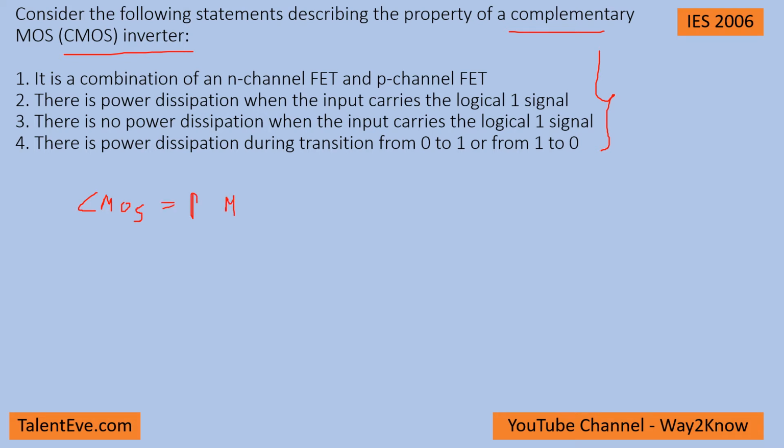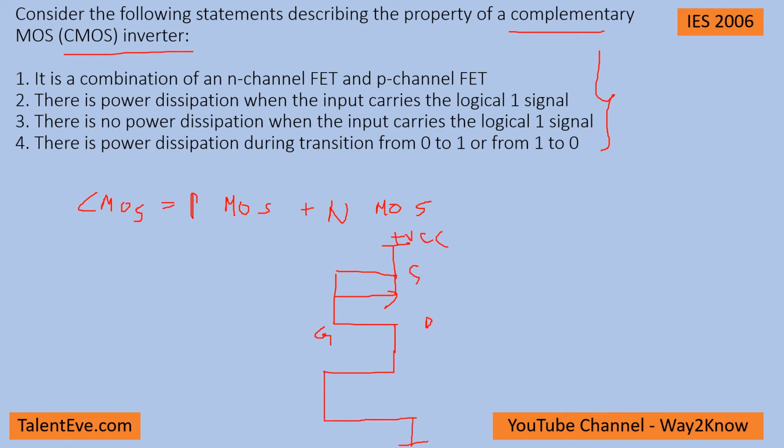combination of P-channel MOS plus N-channel MOS, PMOS plus NMOS basically. So the configuration would be this way. The P-channel source shall be connected to a power supply, and this is source, this is gate, this is drain, and then this shall be grounded here.